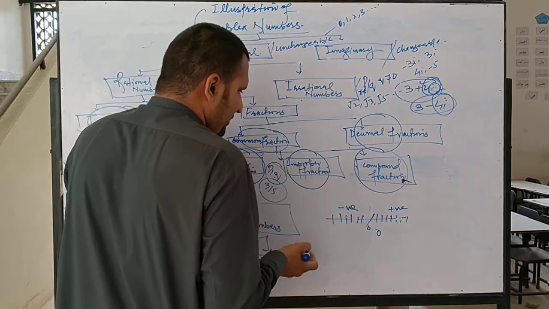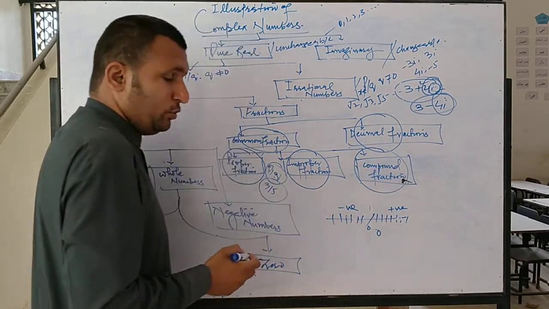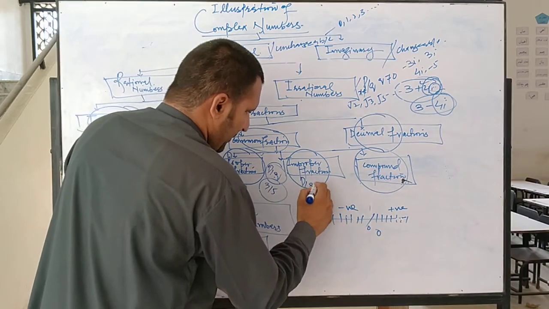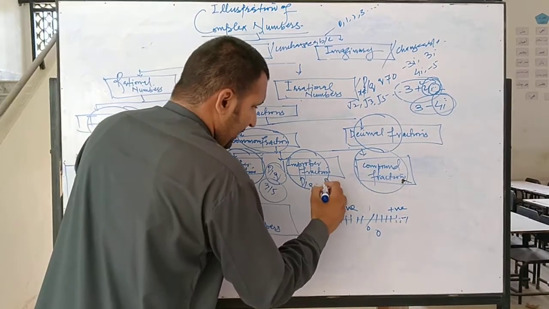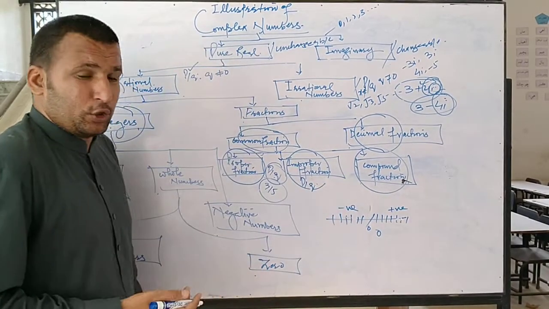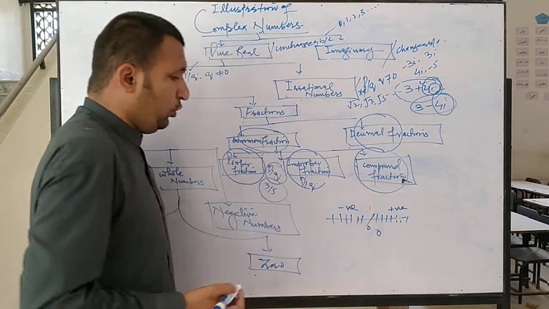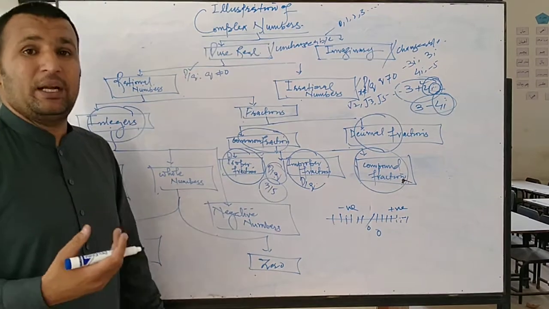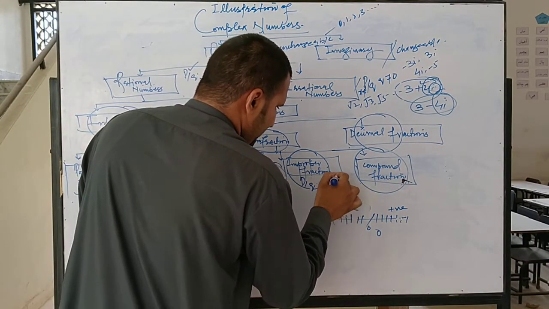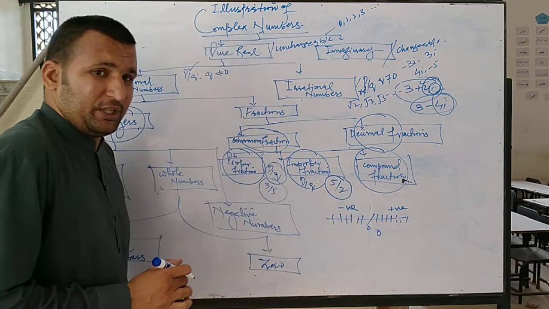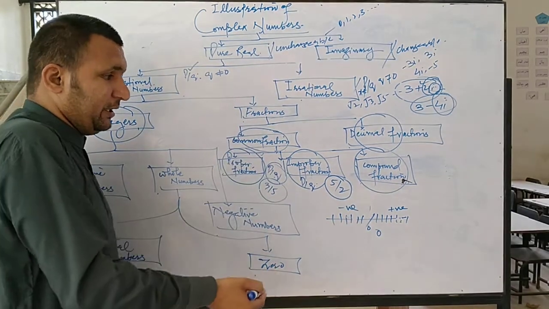Again improper fraction means such a value we can write in p upon q form where p is greater than q. P shows the numerator and q shows the denominator. For example 5 upon 2 is a statement of improper fraction, because 5 is greater than 2.